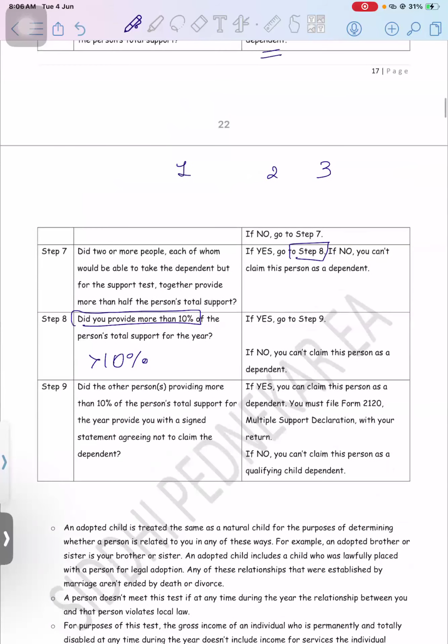Okay, let's say 1, 2, 3. The total expense the grandmother needs during the whole year, due to her medical expense, hospital bills, her living expense, everything, totals up to $50,000. Now, the first one is providing $20,000. He's providing $15,000.